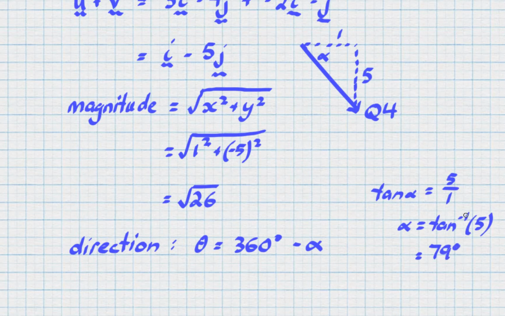Okay, and so it's that 79 degrees that we can then subtract from 360. So going all the way round like that gives us 281 degrees. And so there we have it, both magnitude and direction of this u plus v vector.